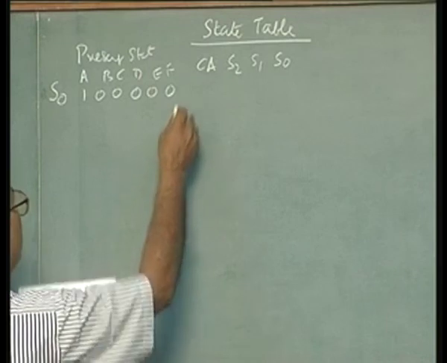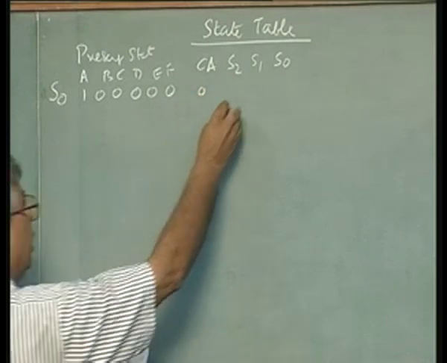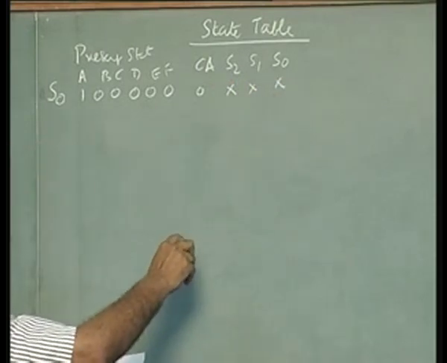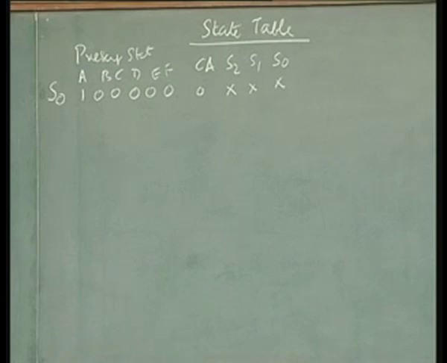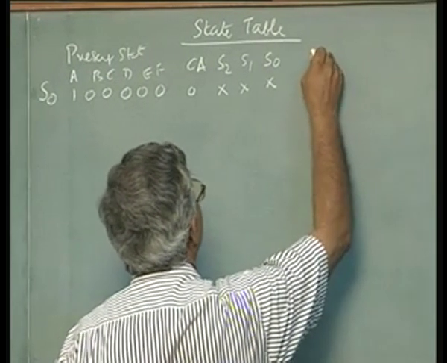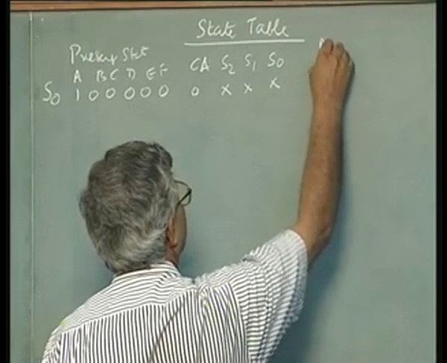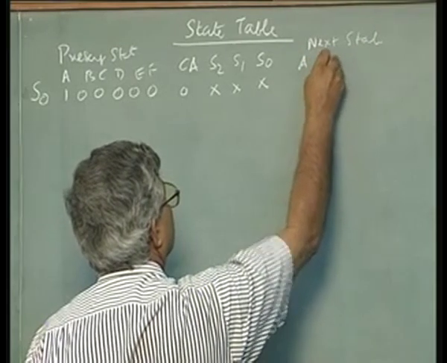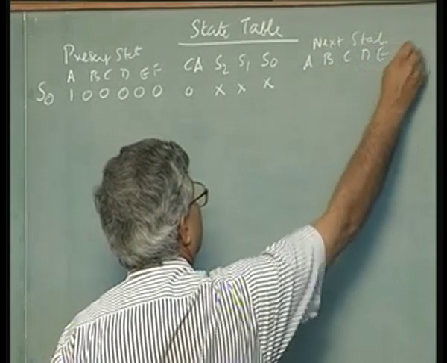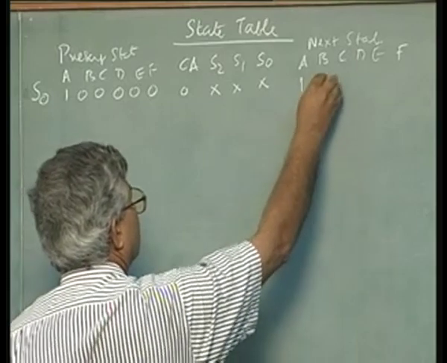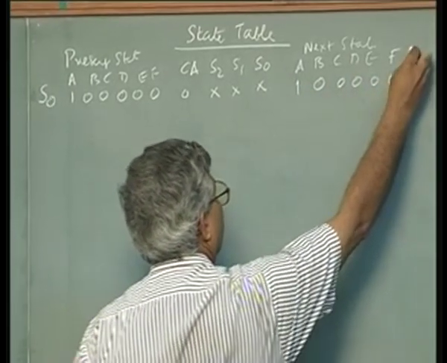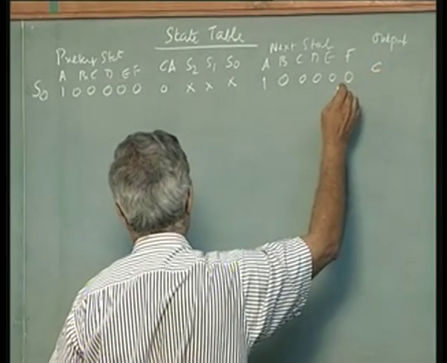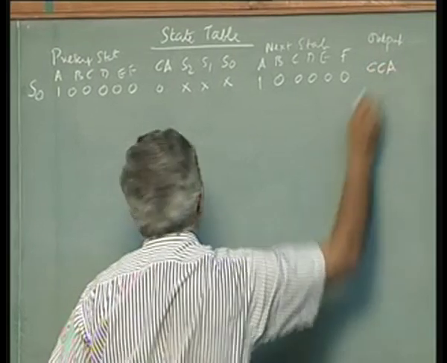So, if it is 0, you remain in state S0. Next state, remain in S0, and output is coin accept.